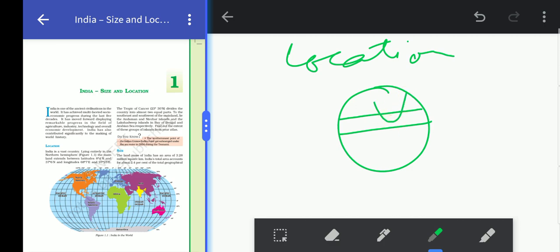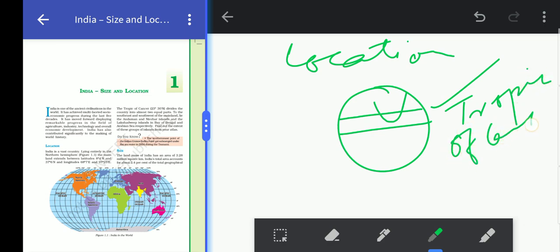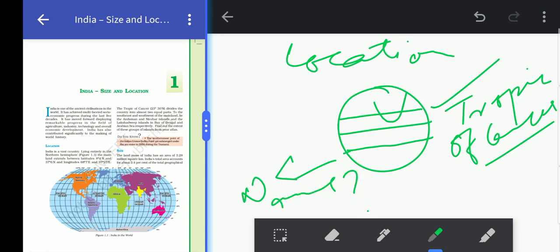The name of this line is the Tropic of Cancer. Now I'll give you one homework. What is the name of the second line to the southern hemisphere? Find out the name. If you can, then you can reply to me on WhatsApp.